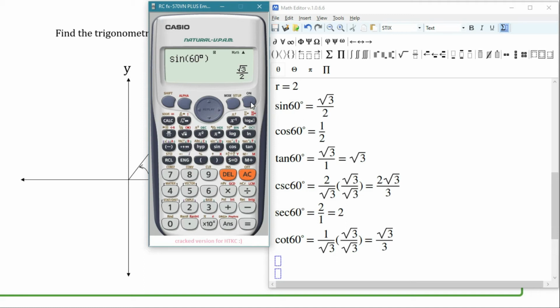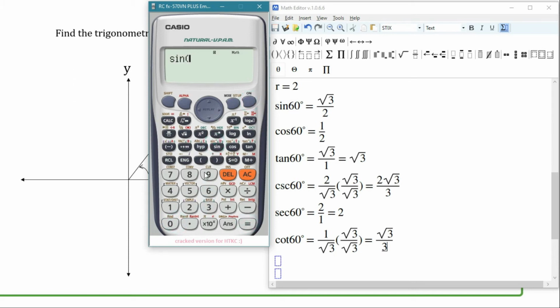So, sir, tulad ng sinabi mo kanina, all angles coterminous with 60 degrees would have the same trigonometric functions. So, give me an angle that is coterminous with 60 degrees. Let's say, for example, a positive rotation, so we have to add 360. So, that's 420 degrees.